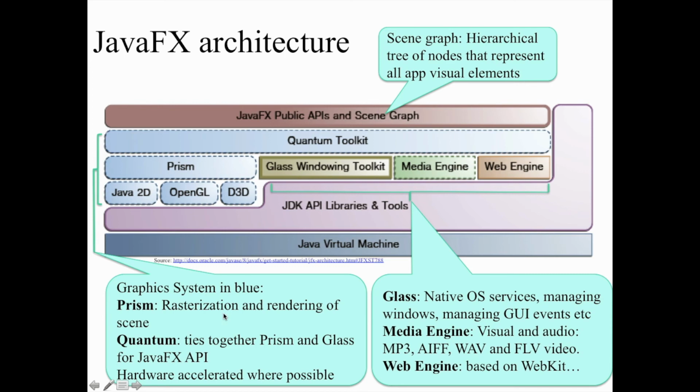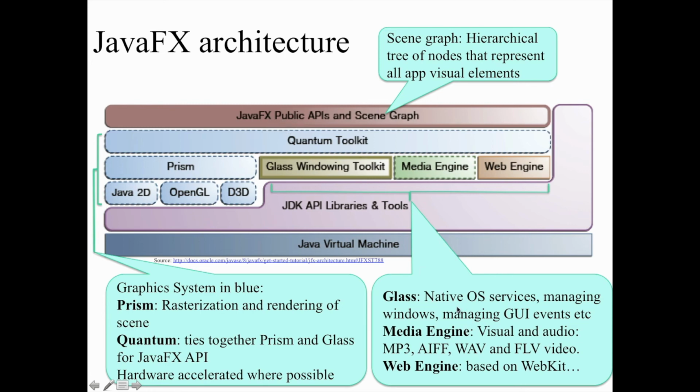Rasterization is taking the vector graphic representation of shapes and converting those into pixels to be displayed, and then rendering those on a display. Quantum then presents Prism and this Glass windowing toolkit in a useful way to the JavaFX API above.